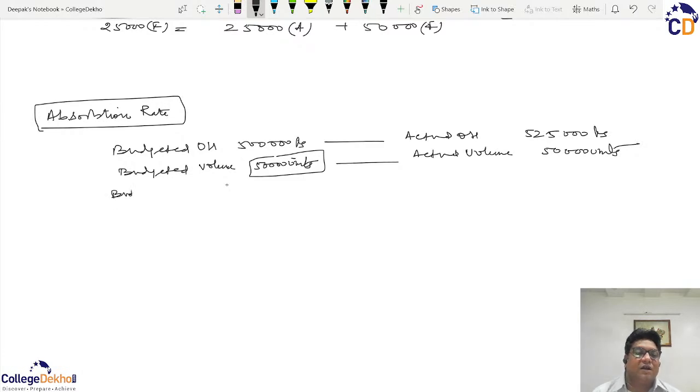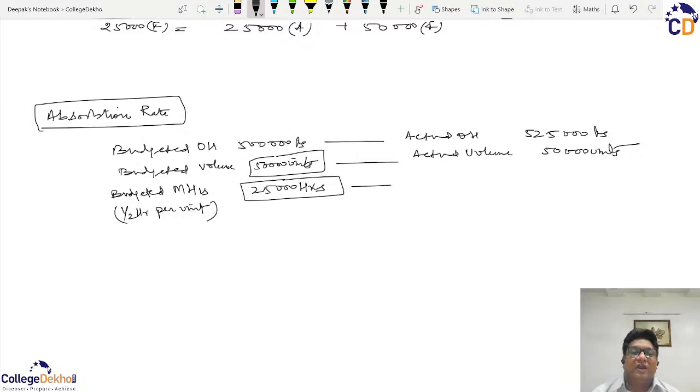So if in the current time we presume that the machines are more important than the humans, and we count the machine hours and say that budgeted machine hours are 25,000, it denotes that for 50,000 units we need 25,000 hours. It means we need half hour per unit. So we anticipate that 50,000 units will require 25,000 machine hours.